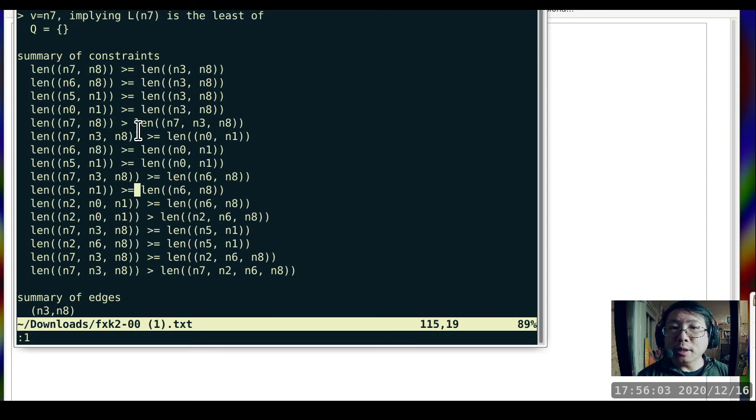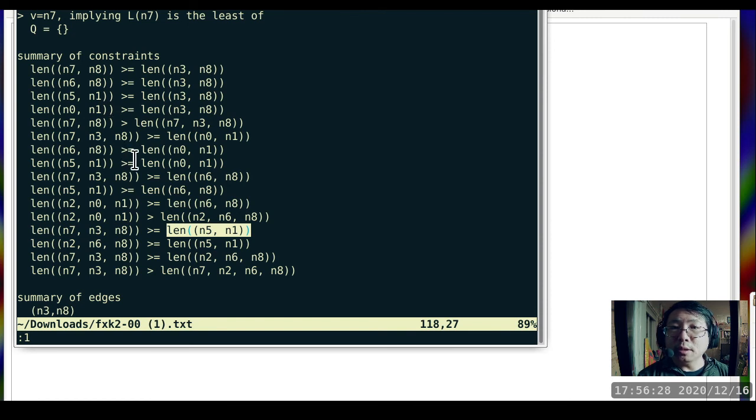We can also see how n5 and 1 is both on the left-hand side here and also on the right-hand side here. So it is kind of in between. But we also want to see if n5 and 1 is greater than or equal to anything else.